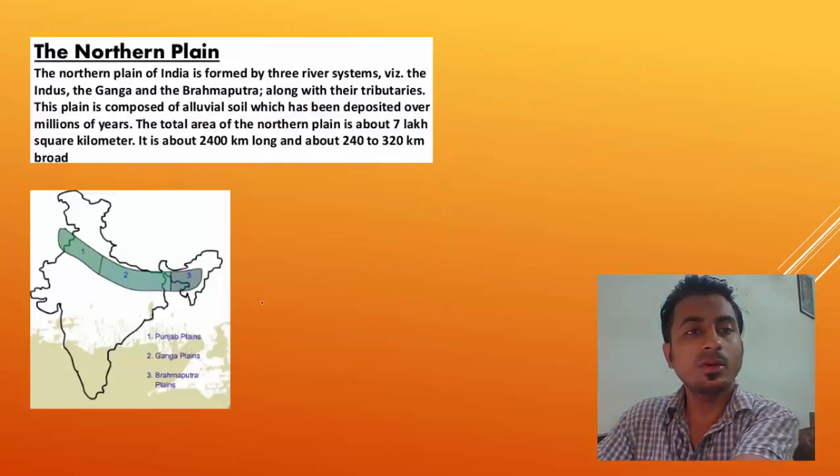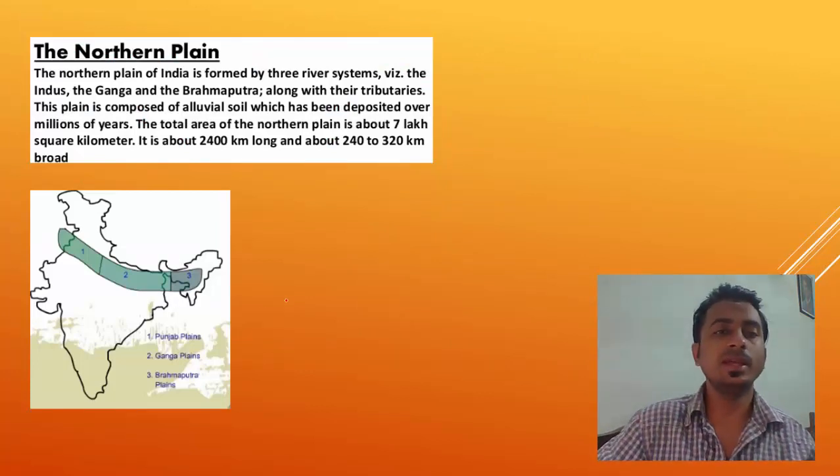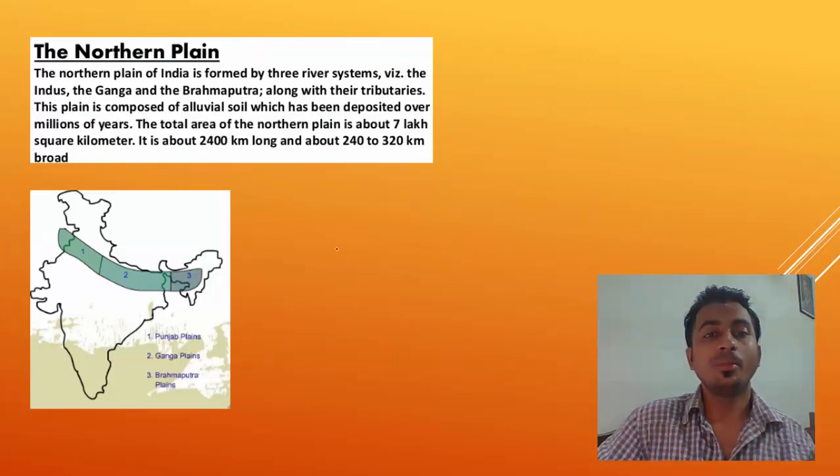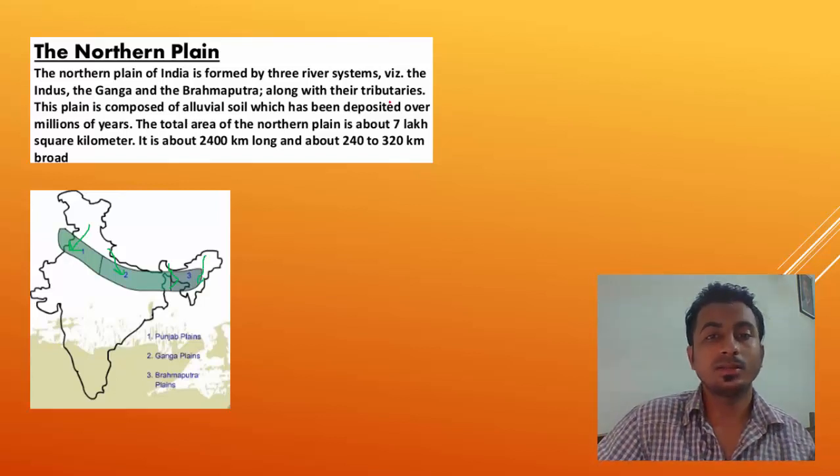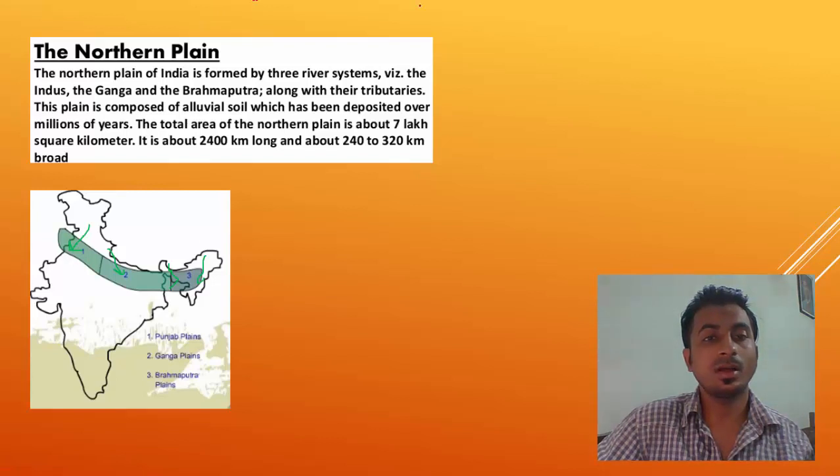Now we have read about Himalayas. Next is Northern Plains. Mainly three rivers make the Northern Plains: Satluj, which is part of the Indus system, then Ganga, and then the third part is Brahmaputra. It is written Indus, Ganga, and Brahmaputra.